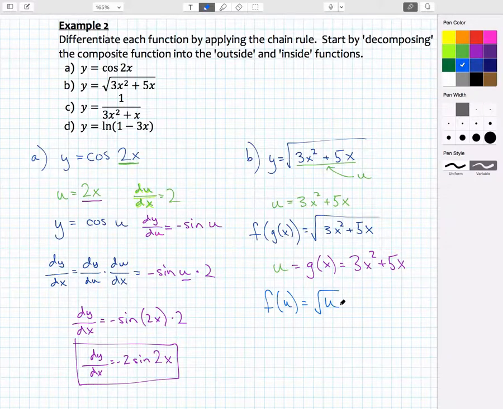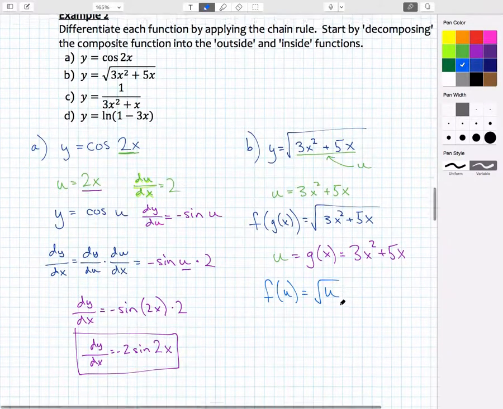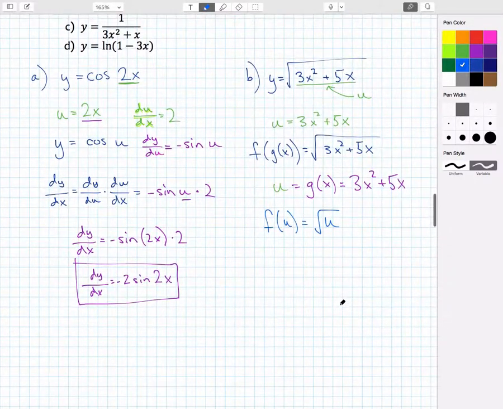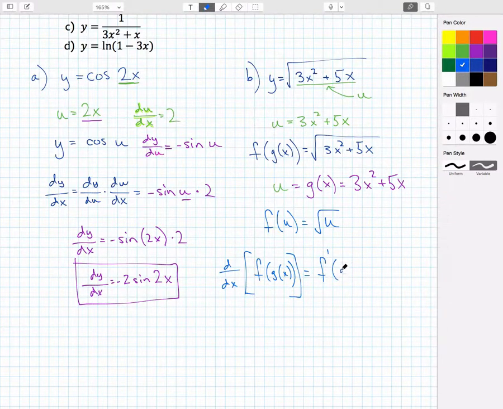And using our rule in function notation form, we know that the derivative of the composite function here, f of g of x, is equal to f dash of g of x times g dash of x. So what we want to find, we definitely need to find the derivative of f.